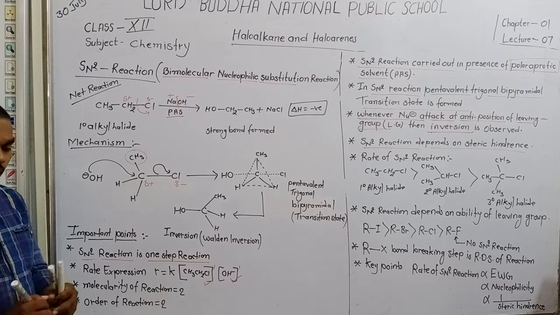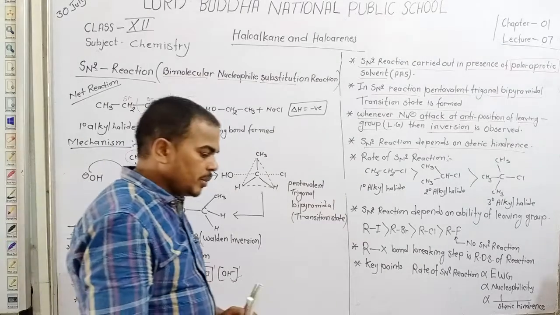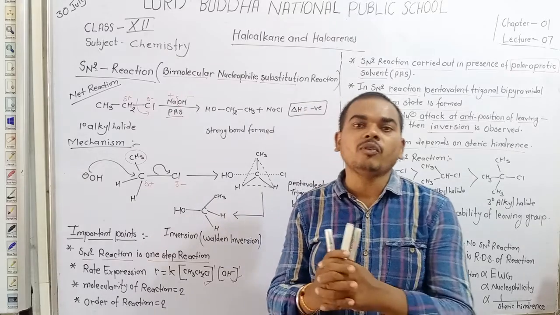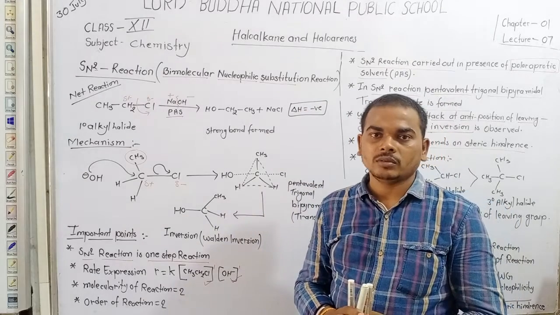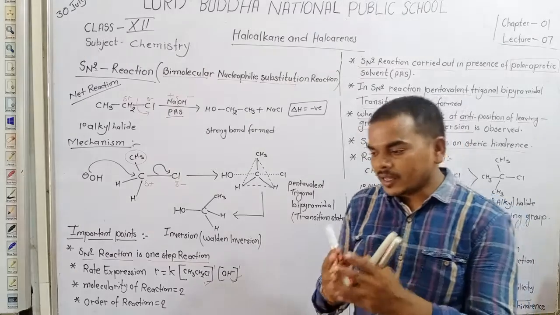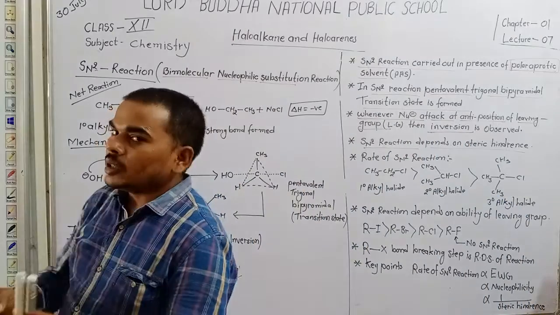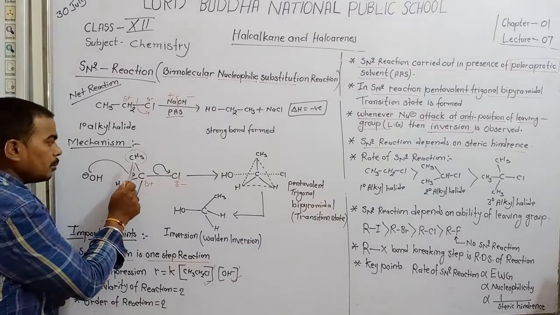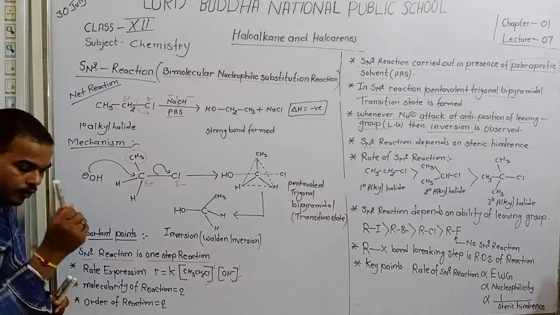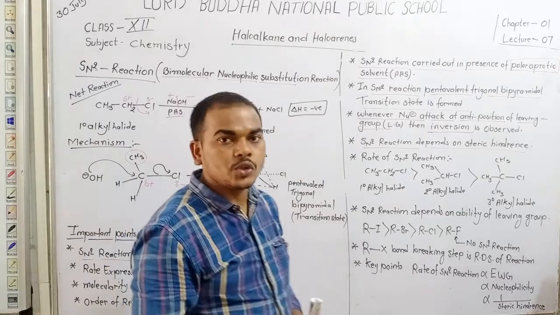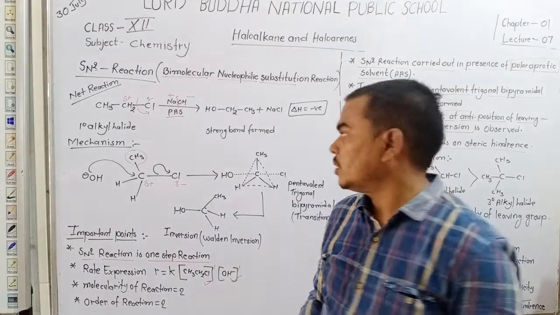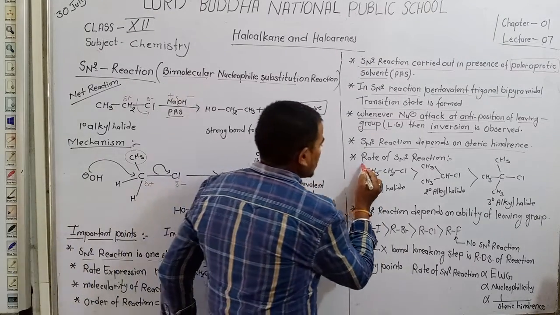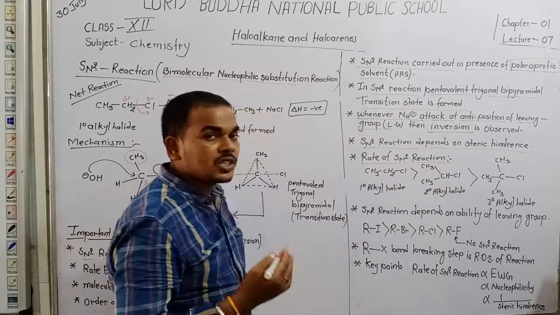Dear student, less steric hindrance, meaning a smaller number of methyl groups, is favorable for the SN2 reaction. So we say that an alkyl halide which contains the minimum number of alkyl groups is favorable for SN2 reaction. So here the rate of SN2 reaction depends upon the steric hindrance.